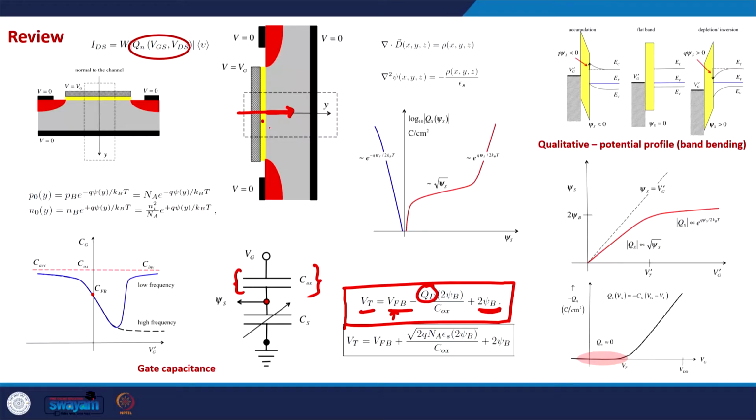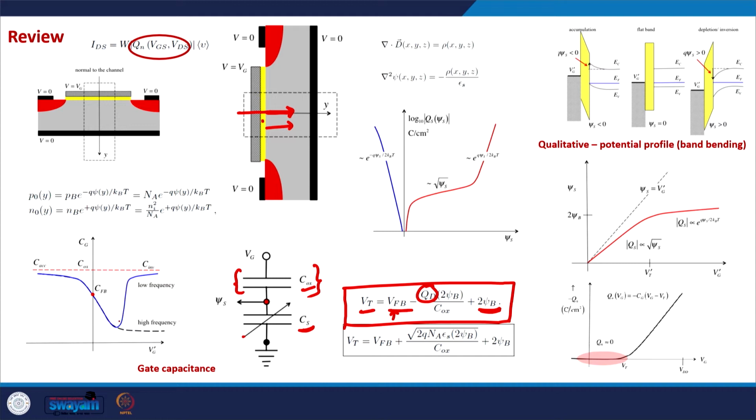So, the semiconductor is a voltage dependent capacitor in a way, and that is why we see here that this gate capacitance is a series combination of oxide capacitance and a voltage dependent semiconductor capacitance, and it is also frequency dependent, which we discussed last time.